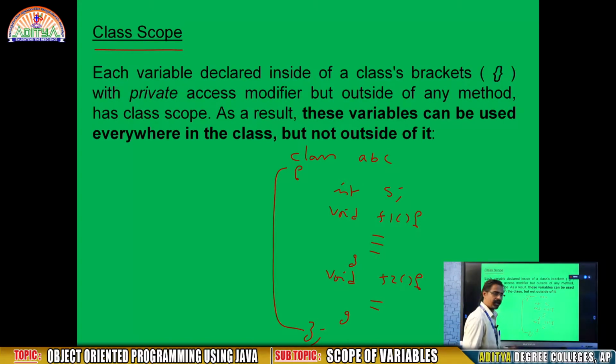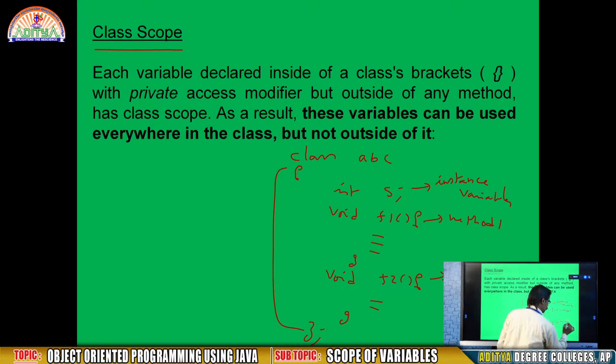Basically, in Java, every program we write uses classes. In a class, there will be instance variables, and there will be methods. That means the variable s is accessible throughout the entire class. You use s in f1, you use s in f2.